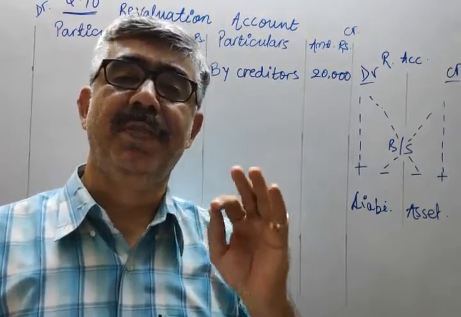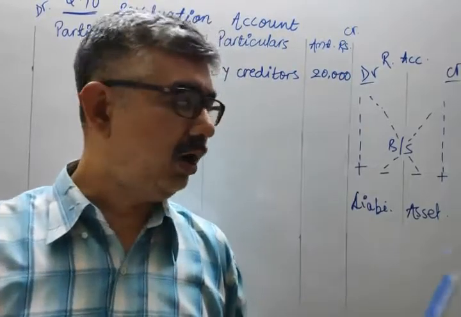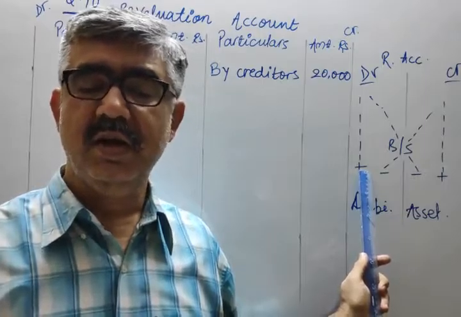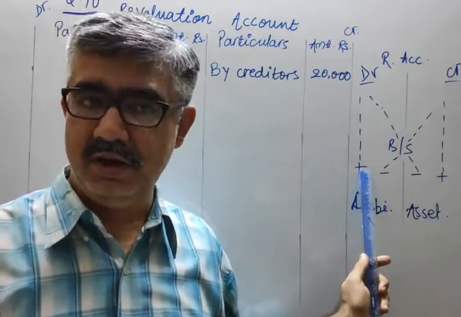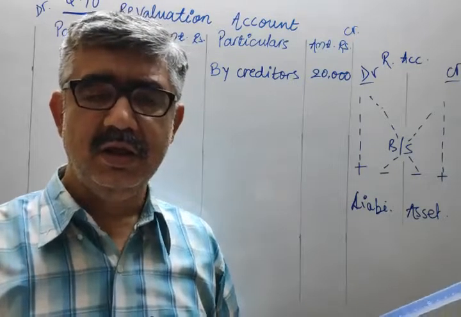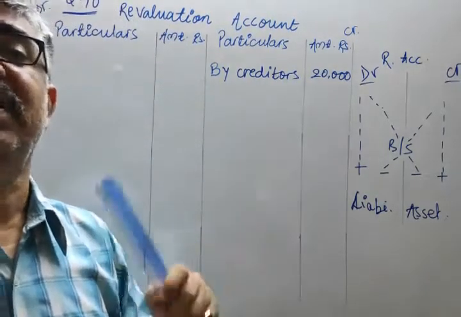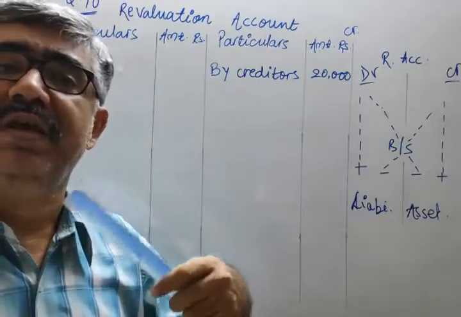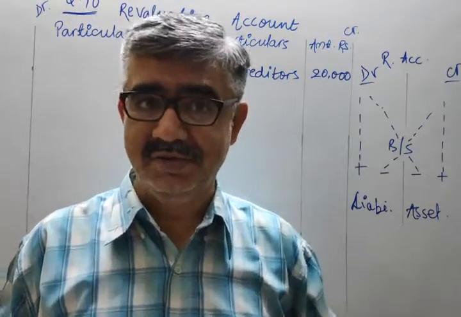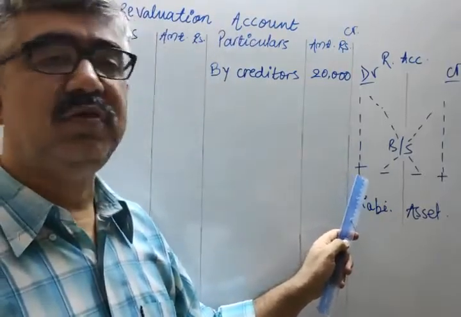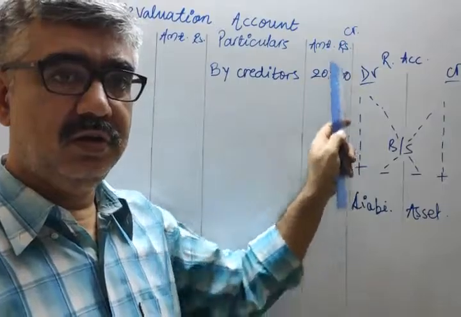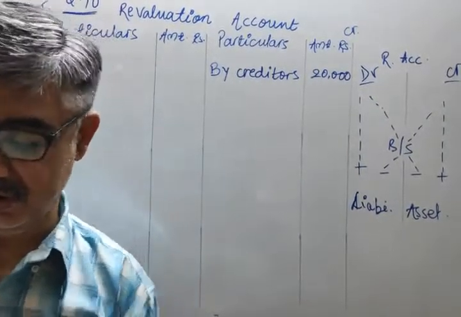Unrecorded always plus, whether it is asset, liability, expense, income, whatever it may be. Unrecorded means outstanding, and you know that very well. Outstanding always plus, advance always minus. Yes, I am using this word always, and I mean it. Okay? So plus on liability side, straight, because it is a kind of loss for us.